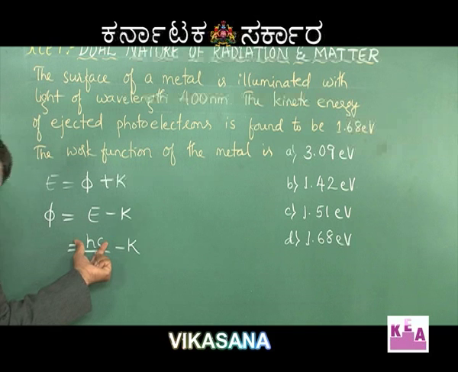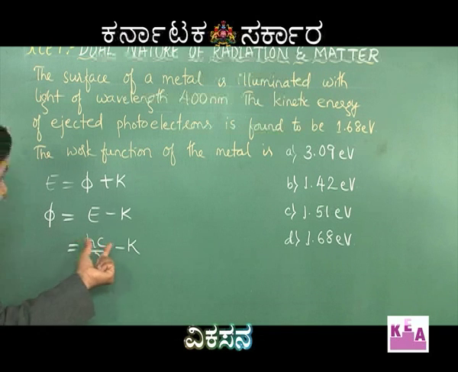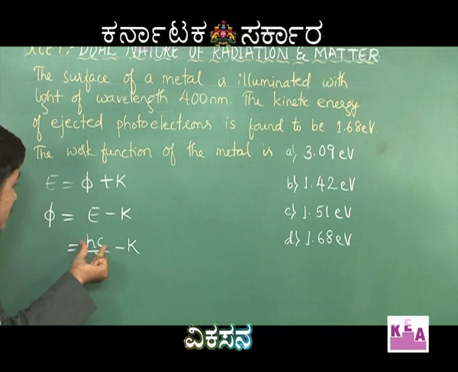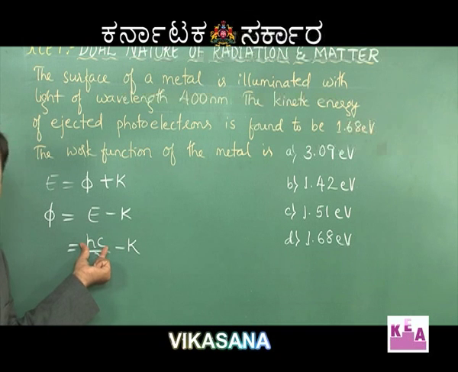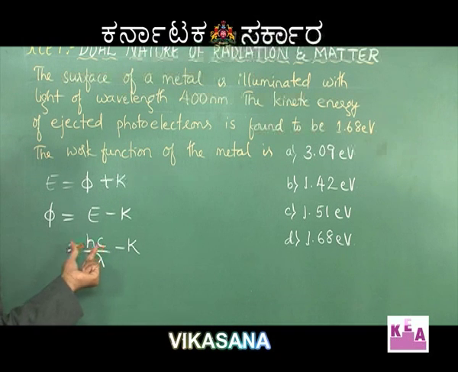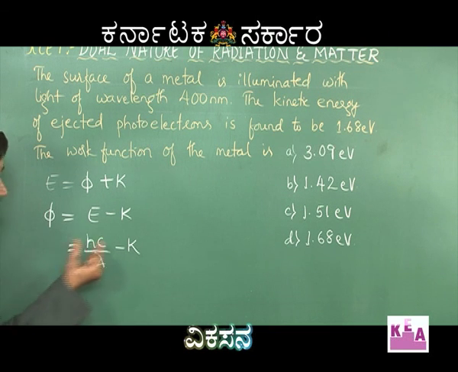The value of h is in joule second and the value of c is in meter per second. When you multiply, you get hc in joule meter, but that doesn't serve the purpose here. You want hc in electron volt nanometer.